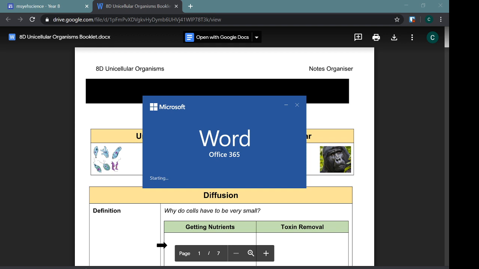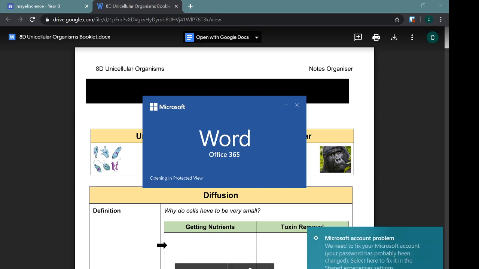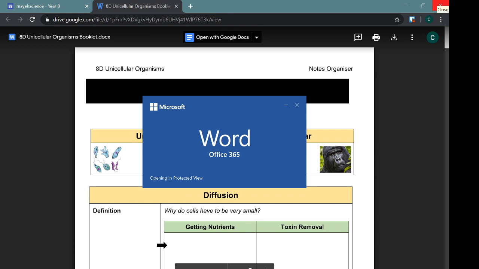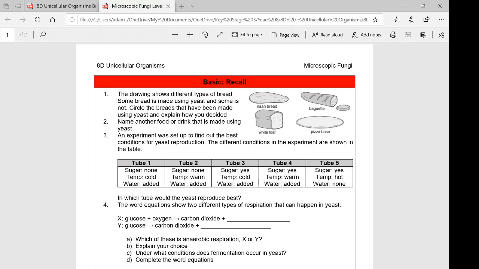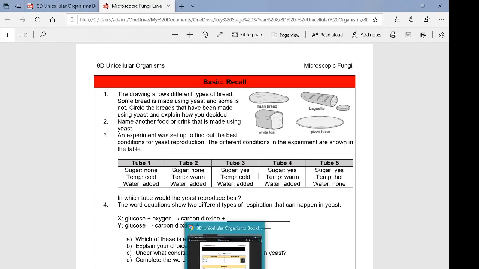So make sure that you click download instead. There we go. All the formatting is correct.